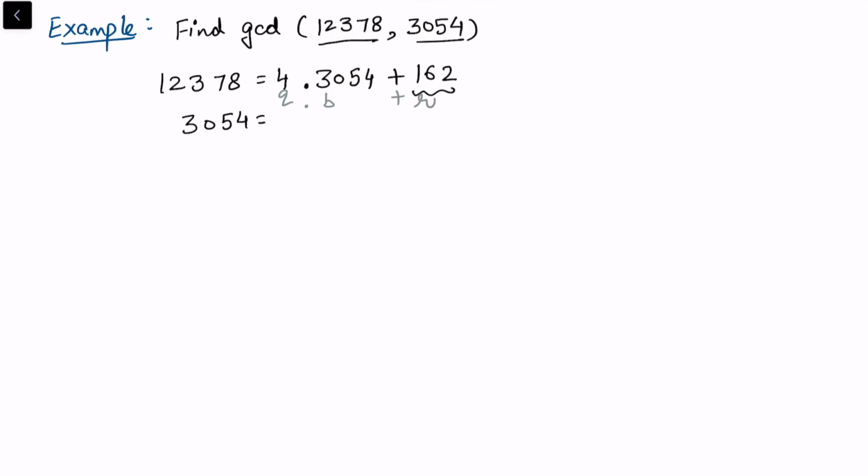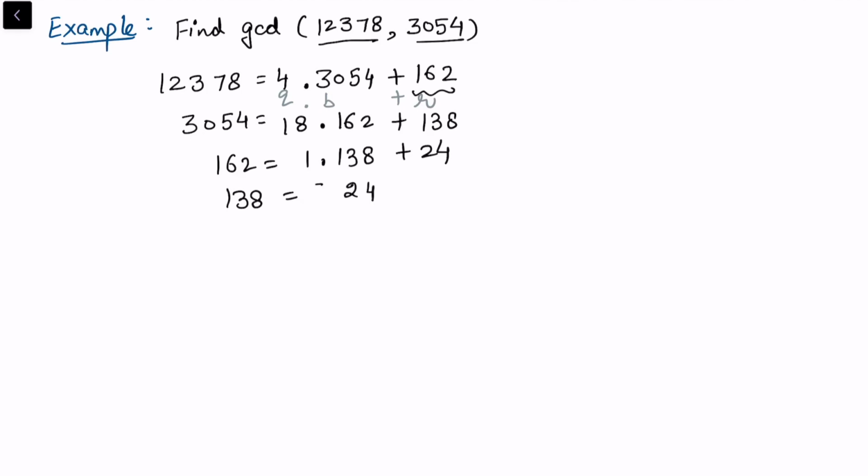So now I want to keep b on the left hand side and I want to divide this by the remainder, and here I got 18 plus now the remainder is 138. Repeat this process, 162, this is 1 into 138 plus now the remainder is 24. Repeat this process, 138, so this is 24 into 5 times plus the remainder is 18.